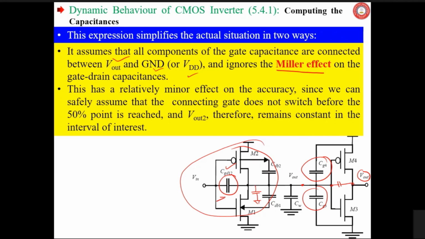This part we have already considered earlier in the last lecture. So actually we should use the Miller effect and then find it, but it is not so necessary, because the voltage across this CL is possibly not changing that much immediately. So we can ignore it, since we can safely assume that the connecting gate, this second gate, does not switch before the 50% point is reached.